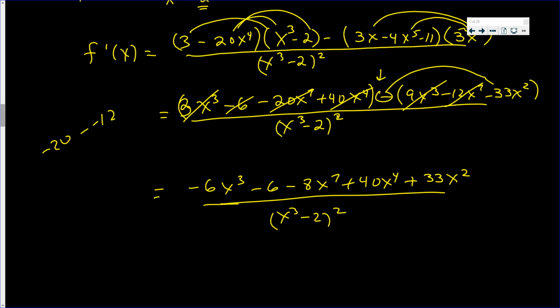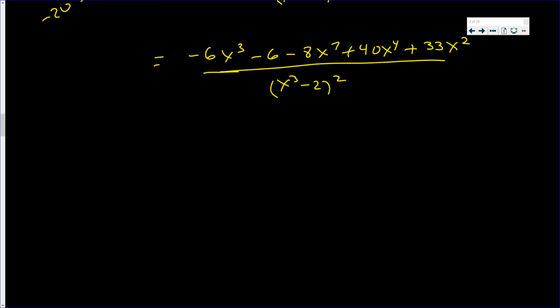Okay, let us finish up this section with this problem. Suppose you have f of x is equal to 3x minus 5 times 1 over 7x plus 4. Now you can use the product rule where it's this times the fraction.